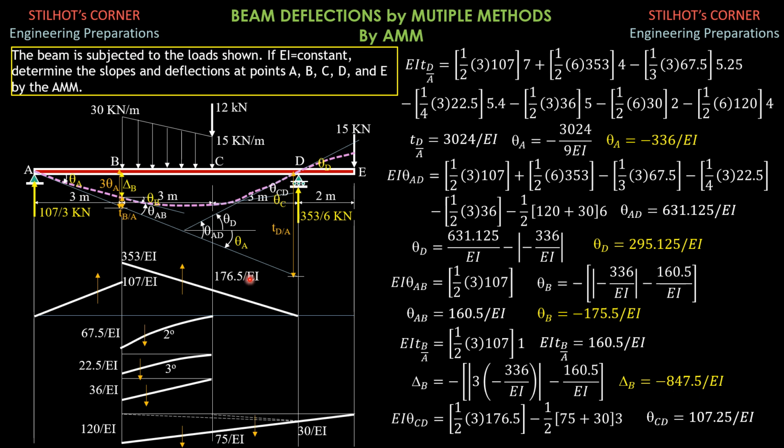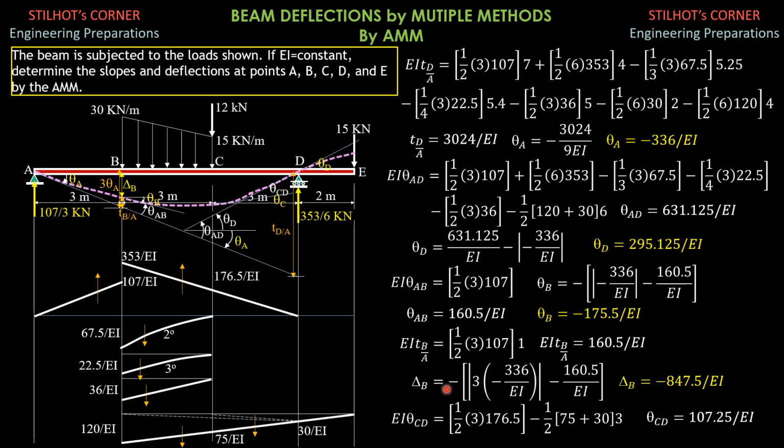Then for the slope at C, we need to solve the angle between the tangent at C and D. Instead of AC, it involves so many areas. So let's have the shortcut, the shorter one, areas between C and D. Because we have only two areas here, this triangle and this trapezoid.